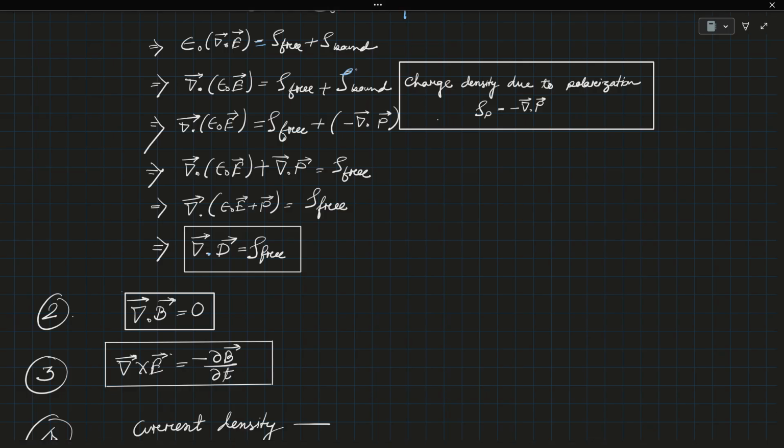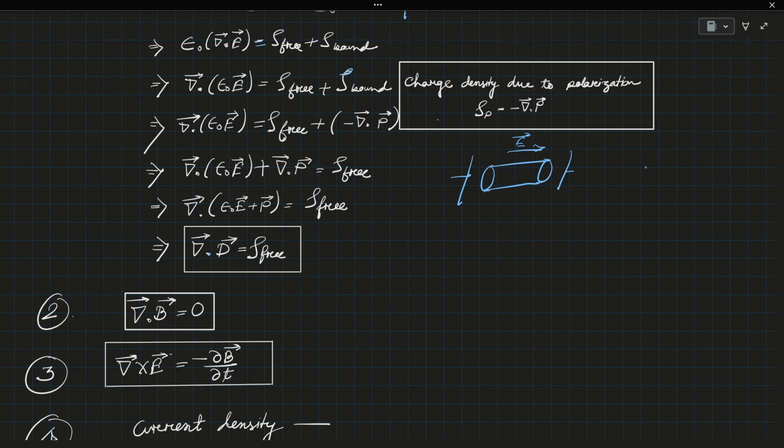Let's elaborate on this. Let's say this is a dielectric medium, totally electrically neutral. If I apply an electric field from this side to this side, what will happen?